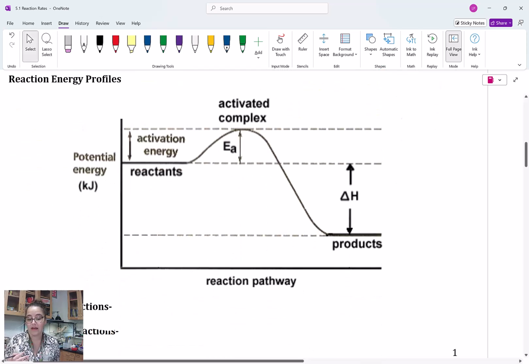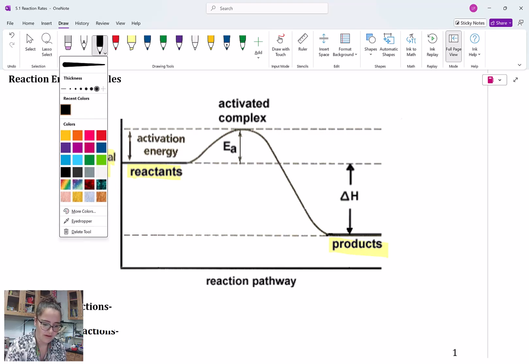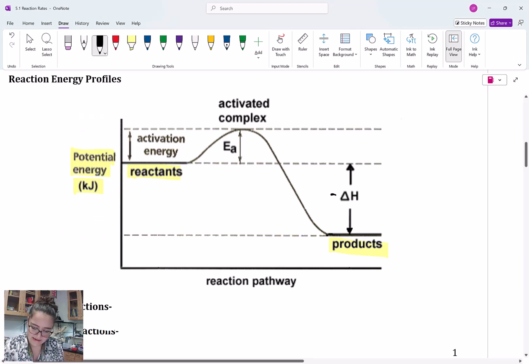This is what we call a reaction energy profile. On it, you can see the potential energy, normally in joules or kilojoules, which is the energy stored in the chemical bonds of the reactants versus products. Okay, so in this one, this delta H, that's a little large, is negative, okay? And that is called your reaction energy.